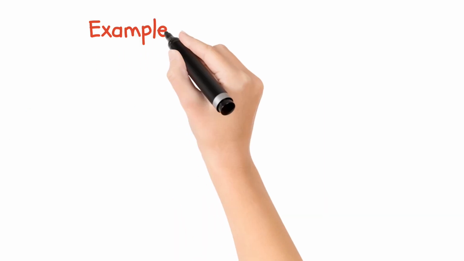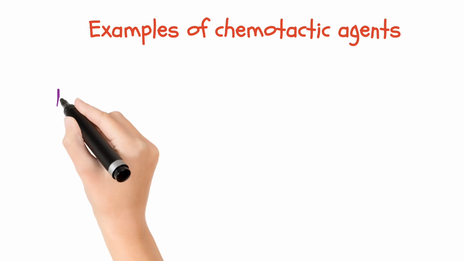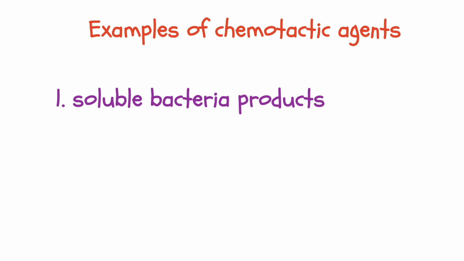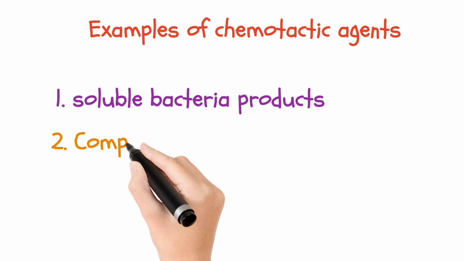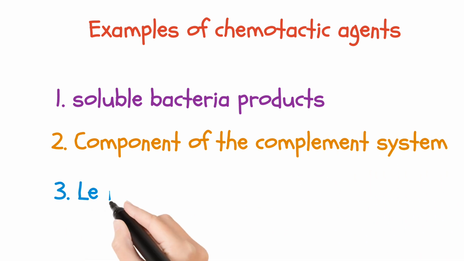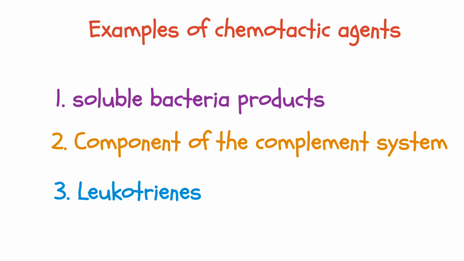So examples of chemotactic agents: we have soluble bacterial products, components of the complement system, leukotrienes. So these are all chemotactic agents. And what do they do? They attract the leukocytes towards the site of injury.